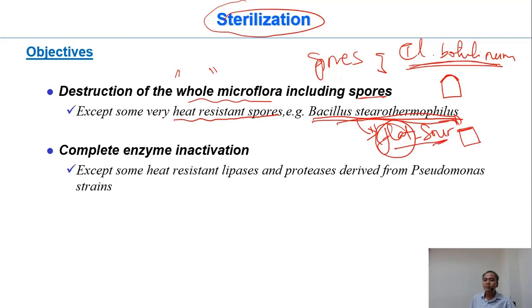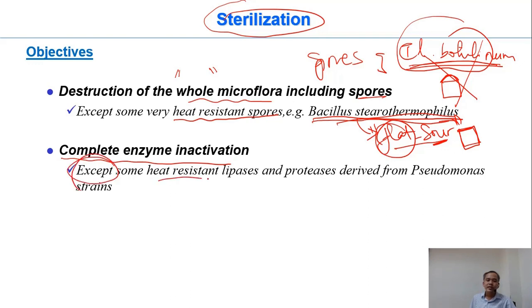And the product becomes sour because it produces organic acid. That's why the product becomes spoiled, but the can still looks okay. So when the can doesn't look okay, then we should destroy this product because there's a high chance that this one grew.